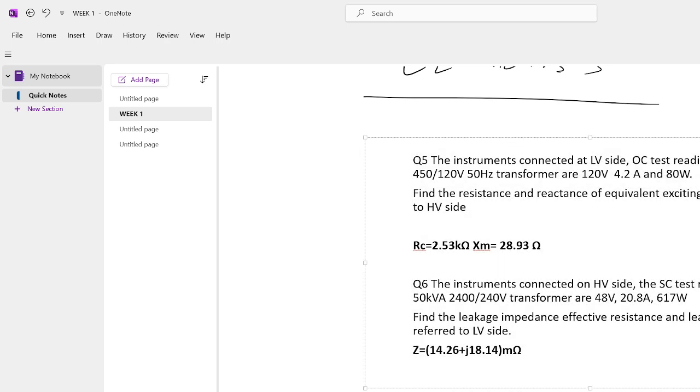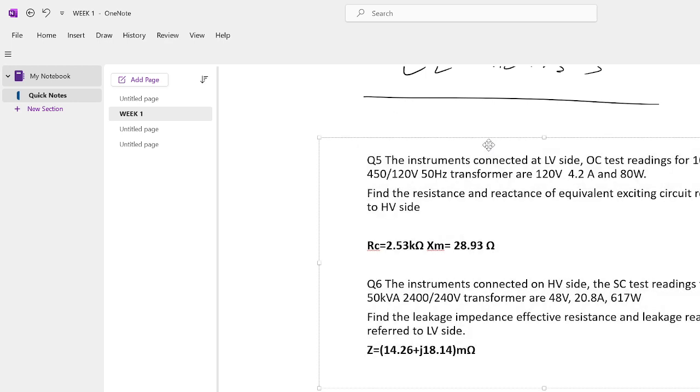HV means high voltage. Unless it is specified, you need to go with NHV by NLV.